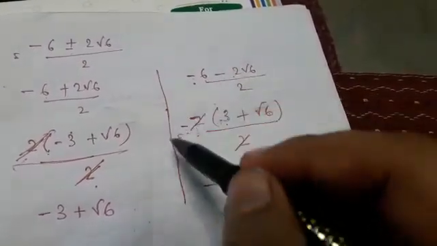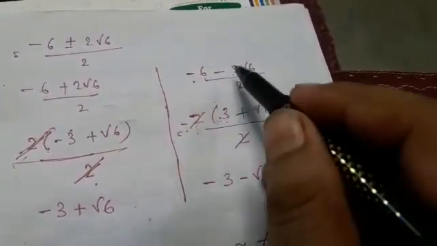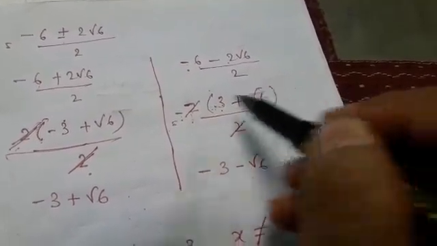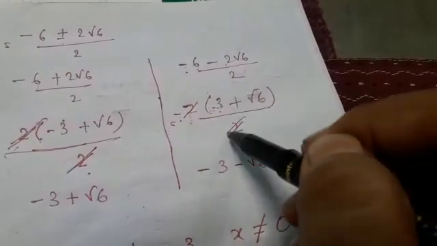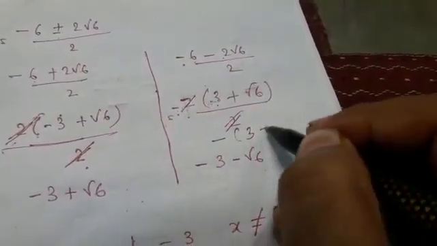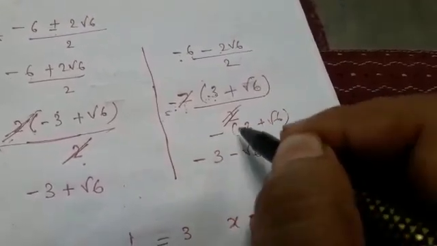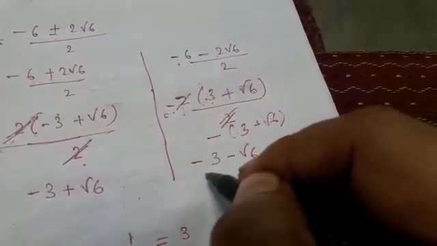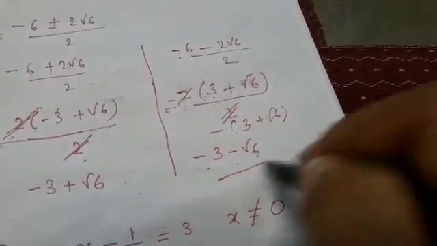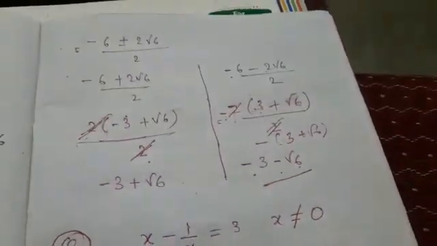So minus already taken common, so this is plus. 2 already taken common, so from this term we are left with only root 6. So root 6 in the bracket by 2 is there. So this 2 and this 2 will again get cancelled. So you are left with minus in the bracket 3 plus root 6. Now you open the bracket, plus minus gives you how much? Minus 3. Plus minus again gives you how much? Minus root 6. So these are the two roots respectively.